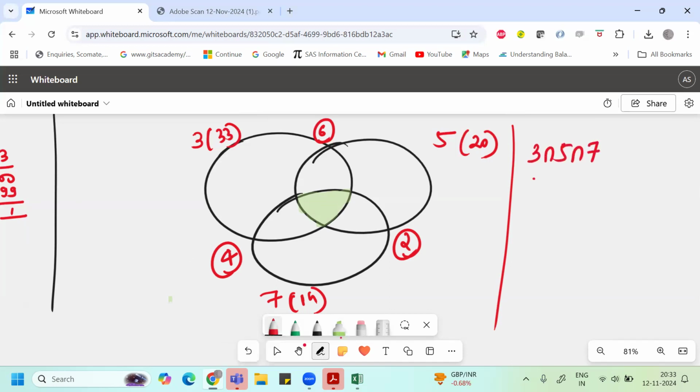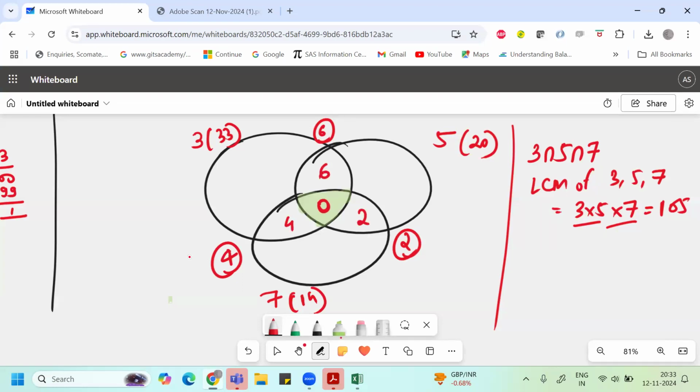For 3, 5 and 7, find the LCM. All are co-prime numbers, so the LCM would be 3 fives are 15, 15 sevens is how much? 105, if I'm not wrong. So how many elements are common between 3, 5 and 7? Zero elements. So this would be 0. This would be 6. This would be 4. This would be 2.